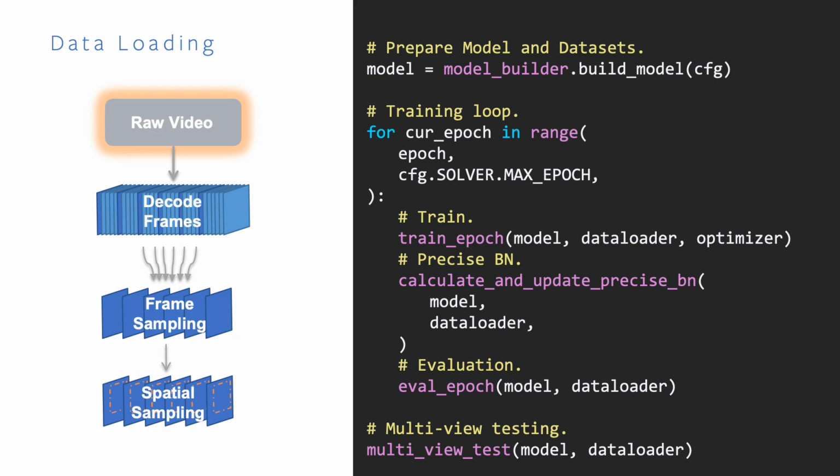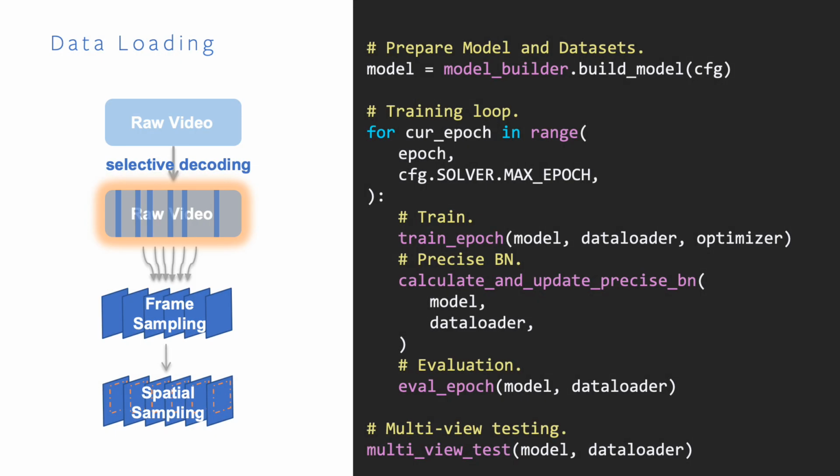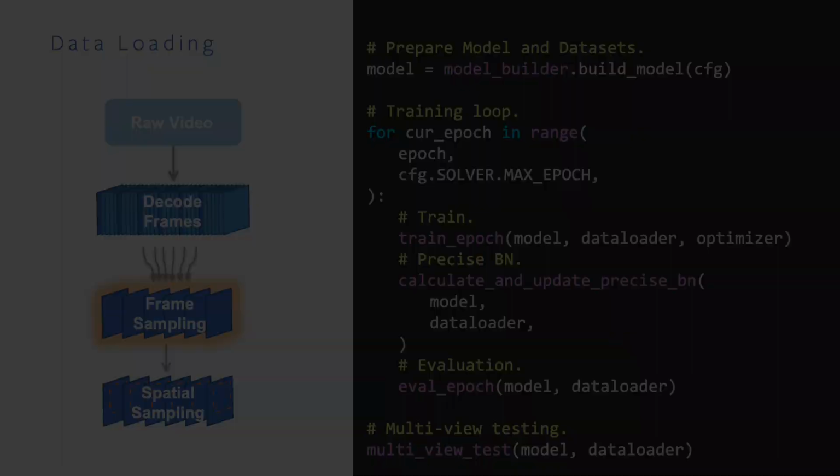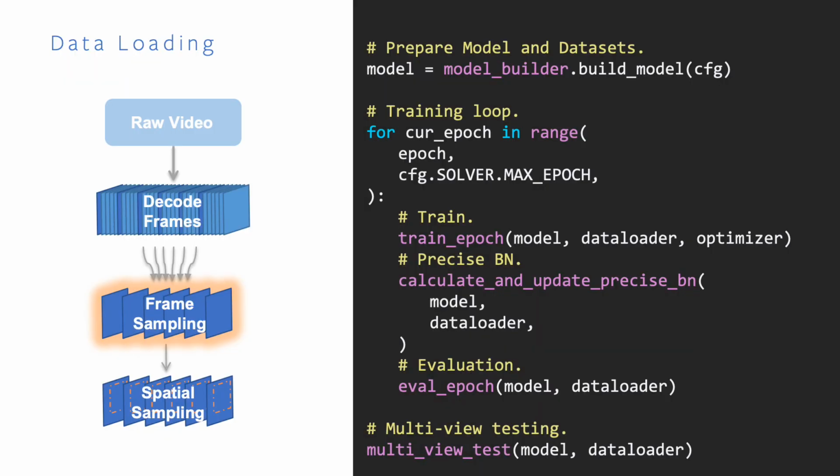It starts from loading the raw video from the local disk. Then the video will be decoded with selective decoding for better efficiency. After that, spatial and temporal sampling will be performed on top of the decoded frames to finalize the data preparation.